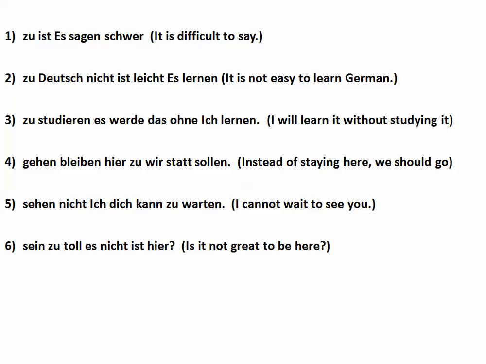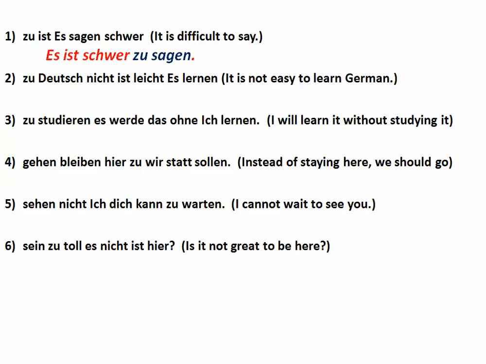So we're going to do some exercises here to practice infinitive phrases, and here I have 6 sentences with words that are all mixed up, and I'm simply asking you to put them together in order to say what is in parentheses in English beside it. So for example, if I want to say it is difficult to say, in German that is, es ist schwer zu sagen.